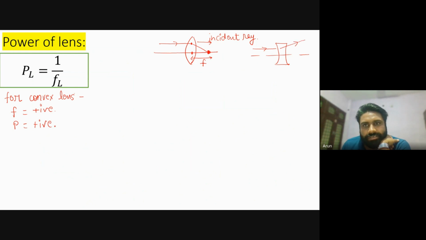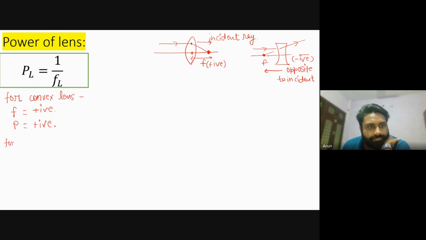So after first refraction, the ray appears to be coming from this point, and this is the principal focus of it. But it is measured in the direction opposite to the incident ray. So this focus would be considered the positive one, and this would be considered the negative one.